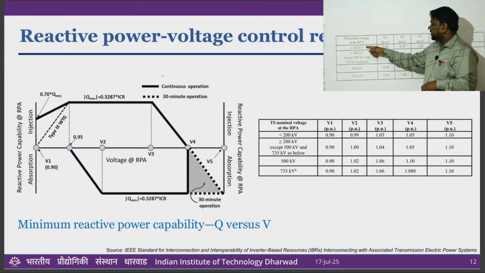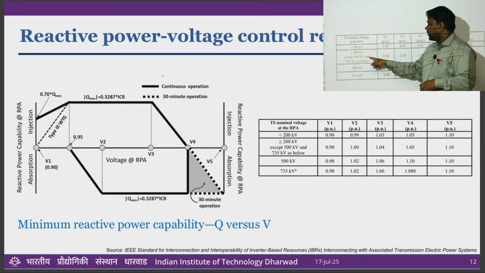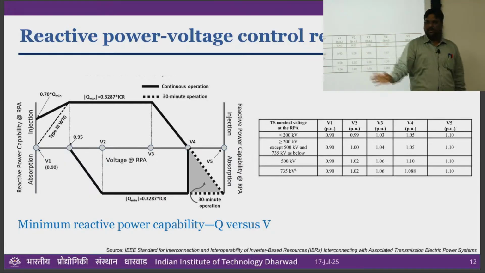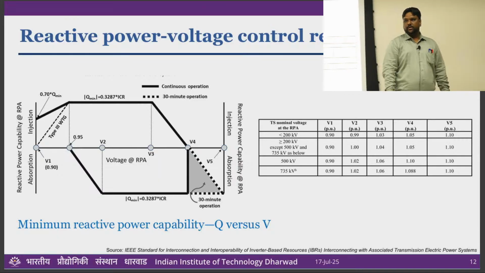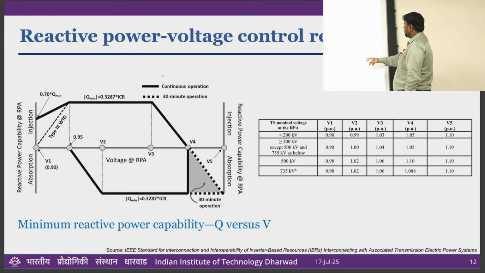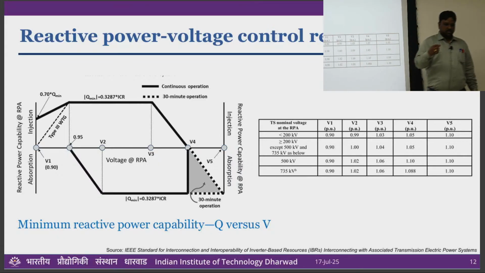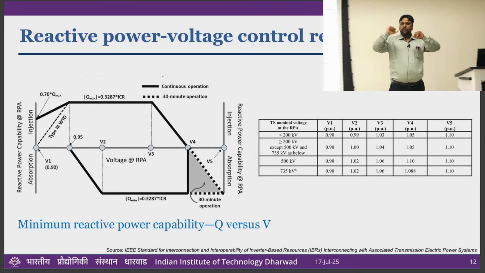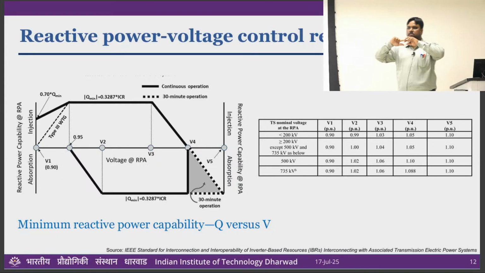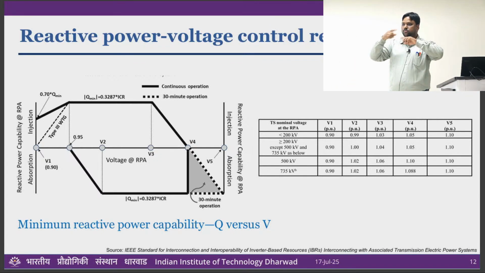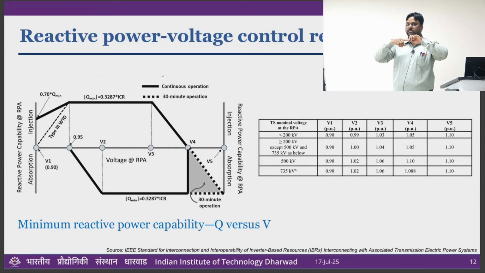If it is less than 200 kV, or between 200 and 500, or 500 or 735 kV, all are transmission level voltages. So that voltage level you can check. Basically, in that PPC you have two controls: one is active power frequency control, one is reactive power voltage control. Based on the reactive voltage measurement, you do the reactive power voltage control and give a Q reference to your plant.